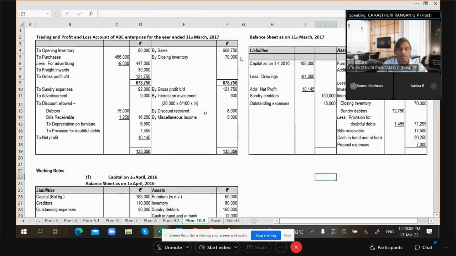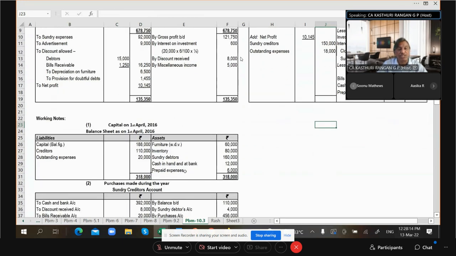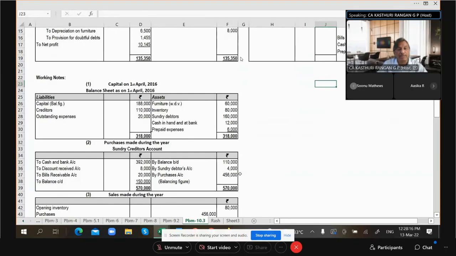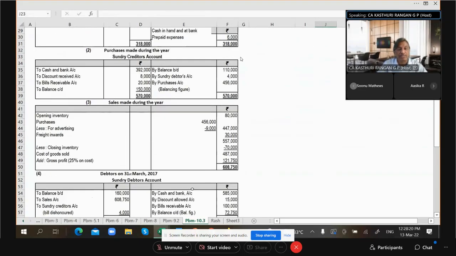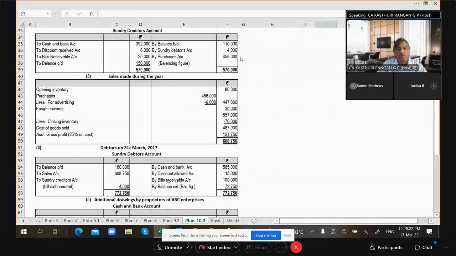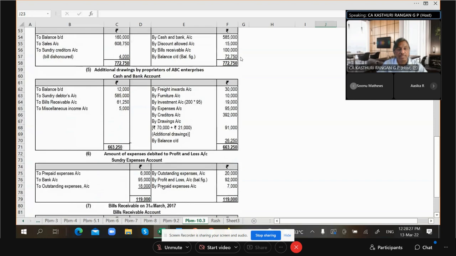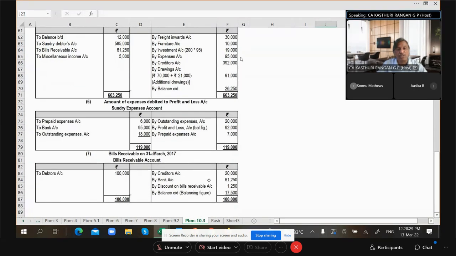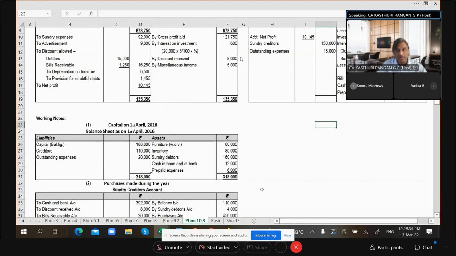So trading account over, P&L account over, capital opening balance sheet, creditors account over. We determined the sales, debtors account completed, cash and bank account is completed, expense account is completed, bill receivable is also completed. So all working notes over, trading P&L over.